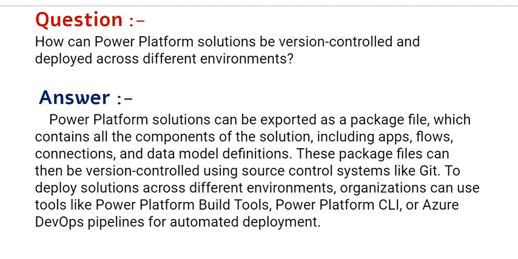These package files can then be version controlled using source control systems like Git. To deploy solutions across different environments, organizations can use tools like Power Platform Build Tools, Power Platform CLI, or Azure DevOps pipelines for automated deployment.